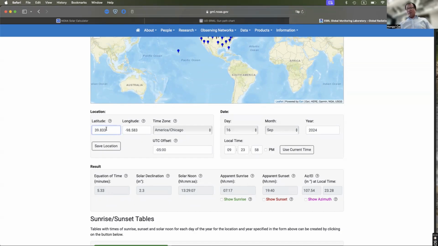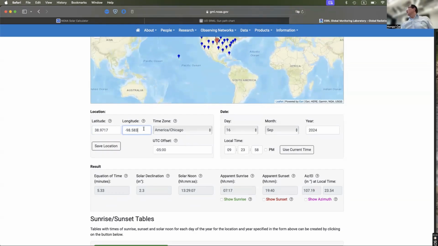The latitude is 38.9717, right? And the longitude, if it does not say west, then you should use a negative, okay? Because on the west side, longitude is always negative. In this case, it will be negative 95. Sometimes they don't say negative or positive. They just say the longitude number followed by a W or E, right? Then it will be the same.